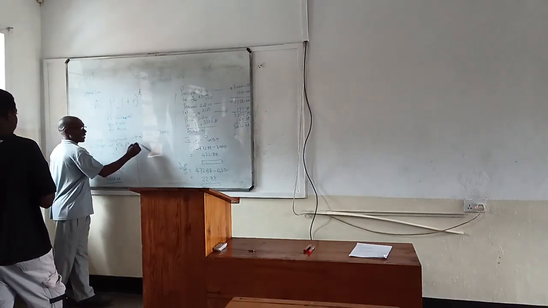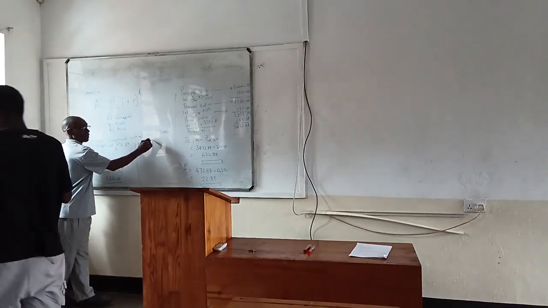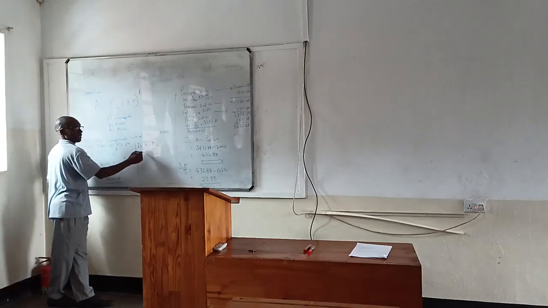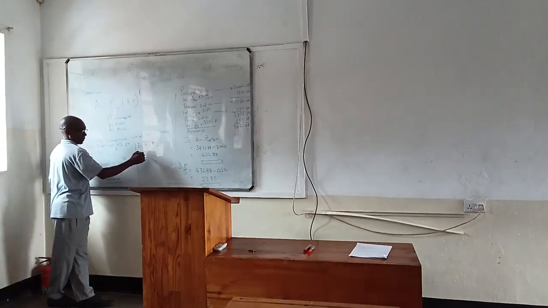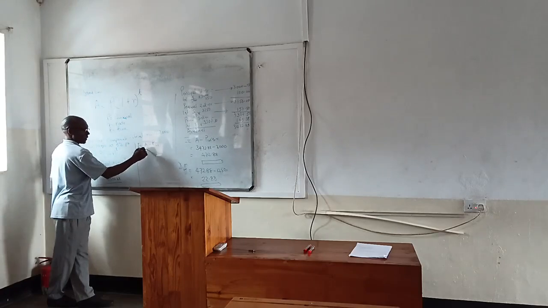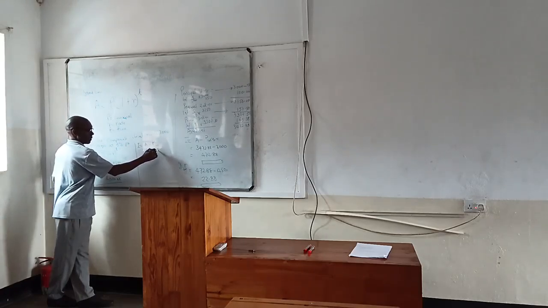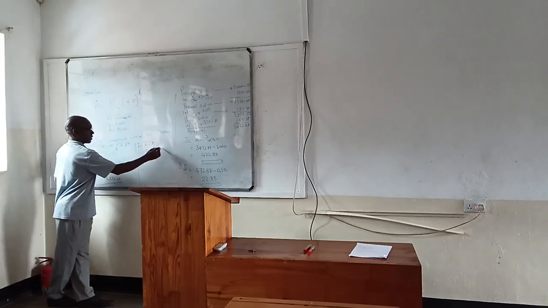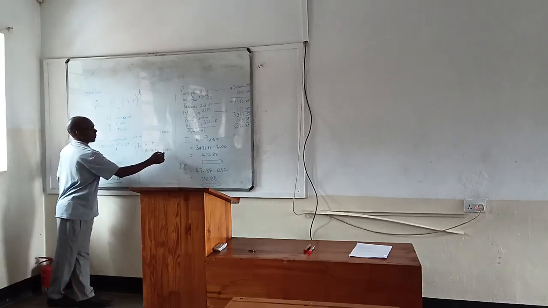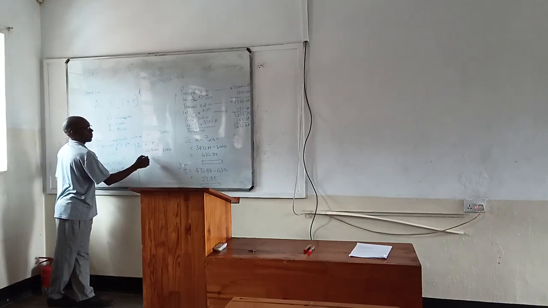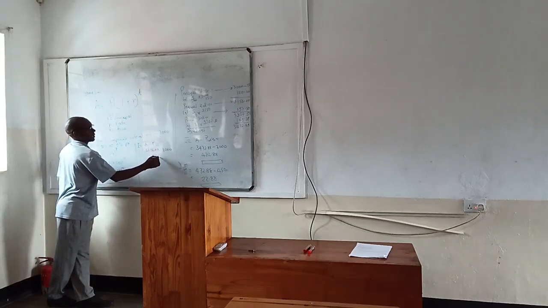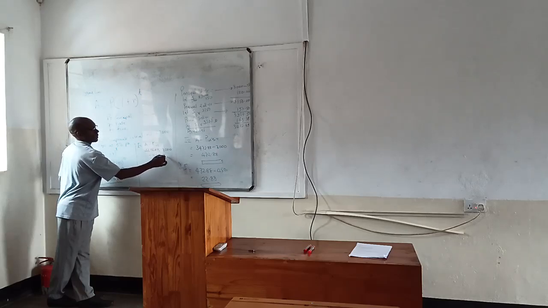So interest is equal to amount minus principal. The amount is 4,886.68 minus 3,000. What is that? 1,886.68.